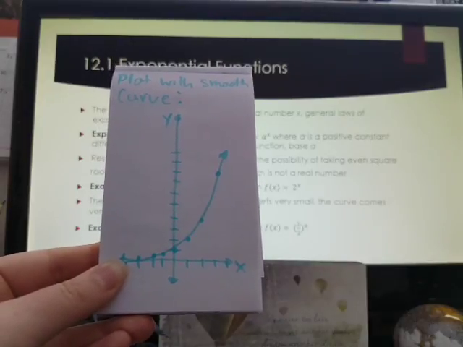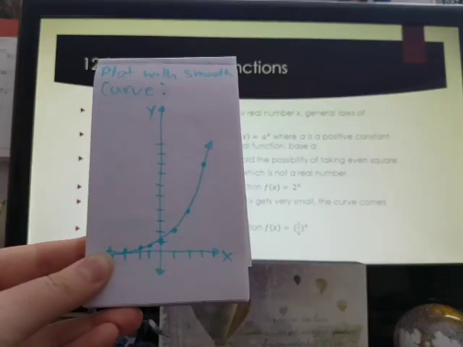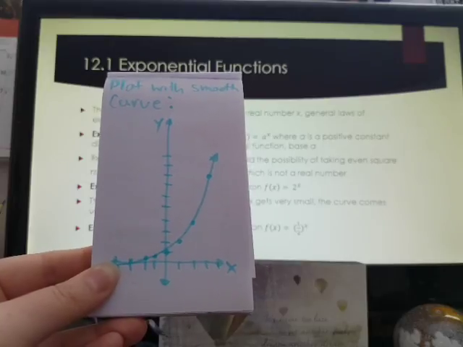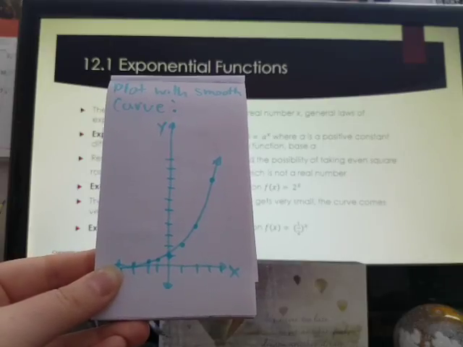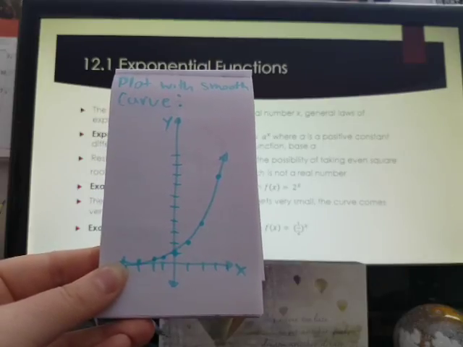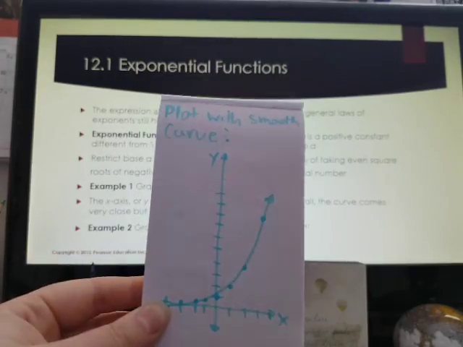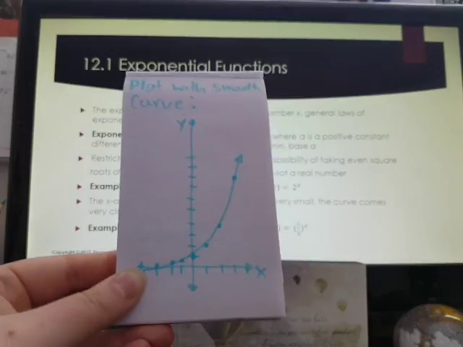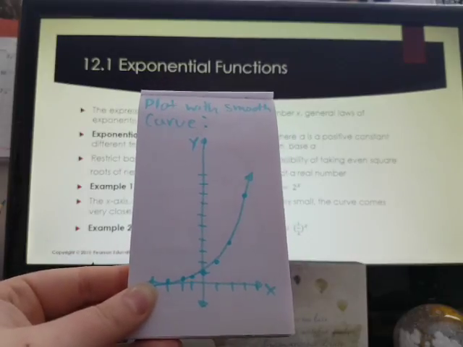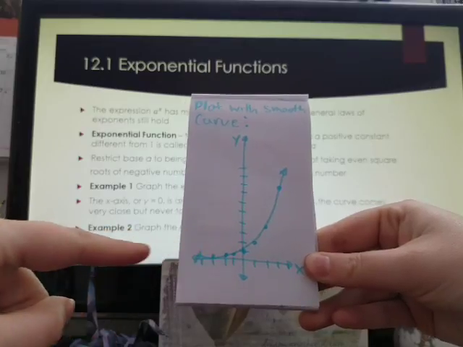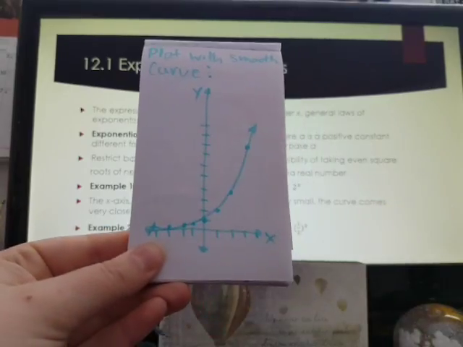So you see the curve starting very small, especially when you get past the y-axis in the negative x direction, and you end up getting those very small values. But you are going to see the curve start to increase very, very quickly. Something you might notice here is that as x gets very small, the curve comes very, very close to the x-axis, but it never touches it.